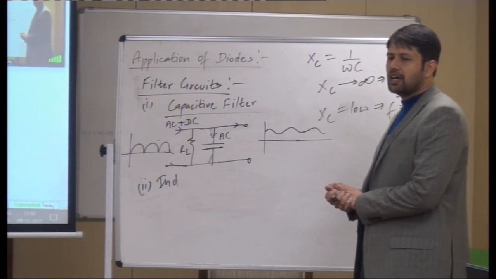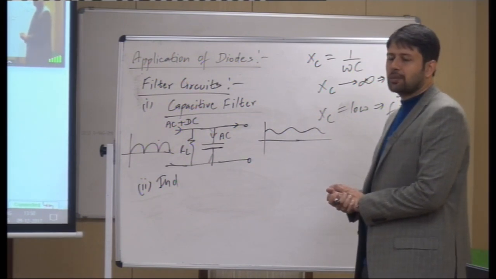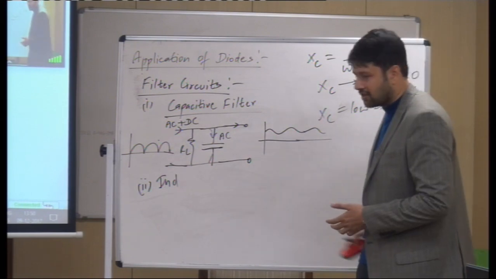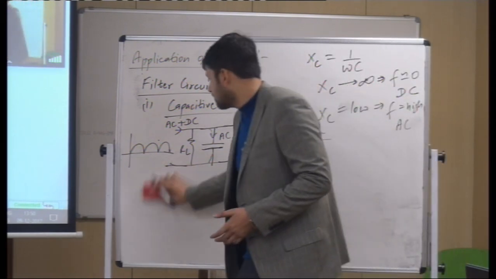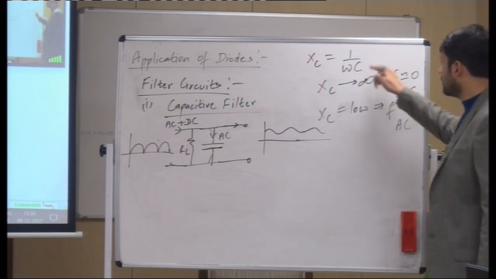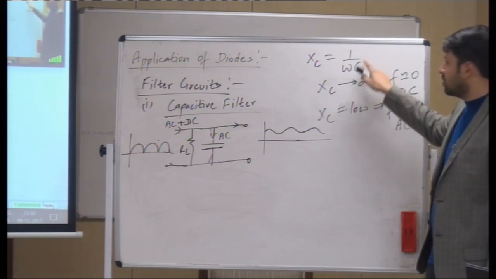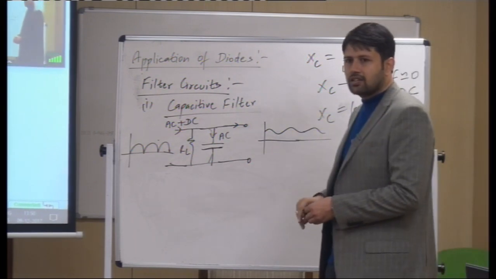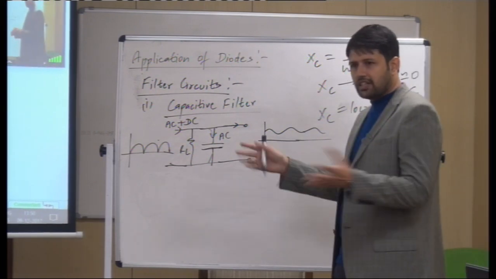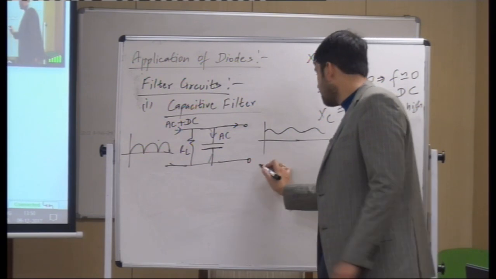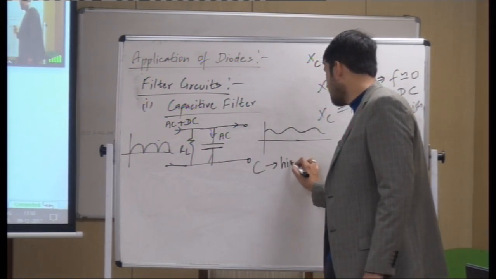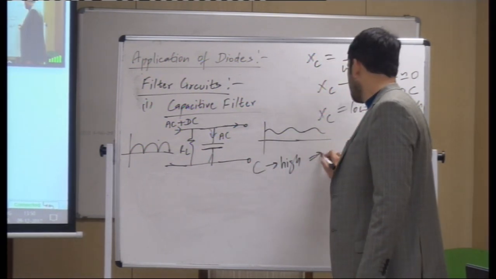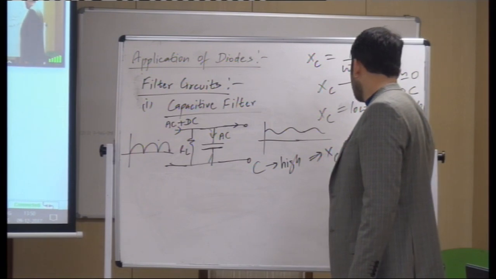Low frequency या high frequency capacitor, low value or high value capacitor? You need C high so that this reactance is very low for AC. It's totally free way for AC. So the capacitor needed here is high to make XC really low.